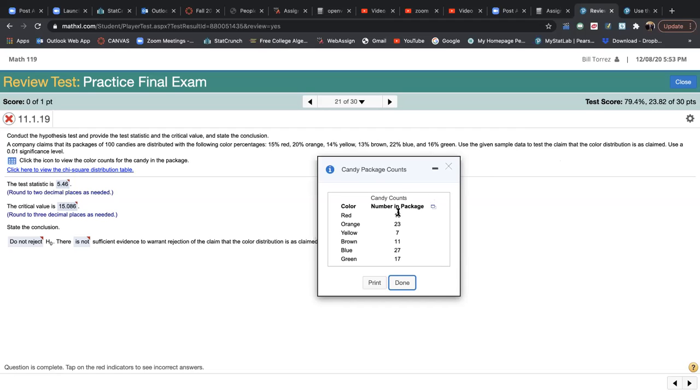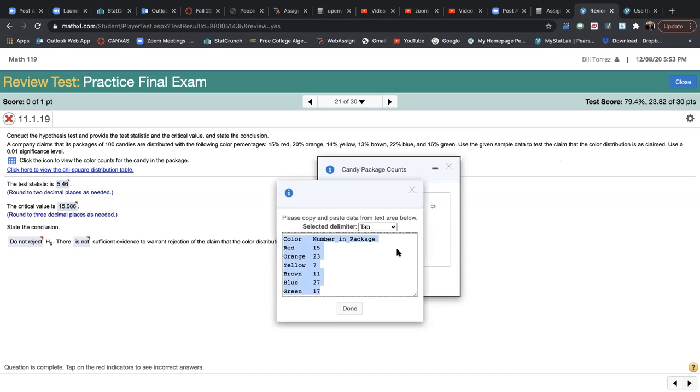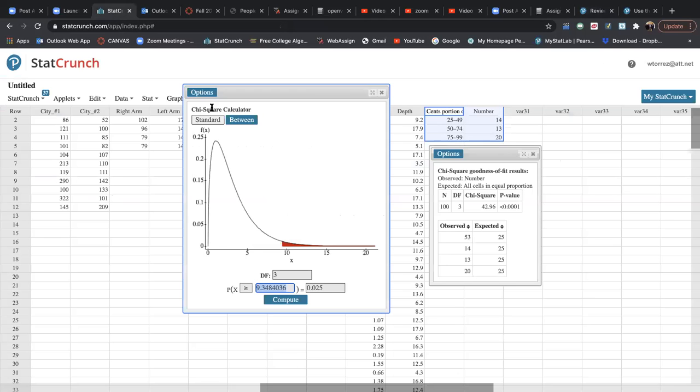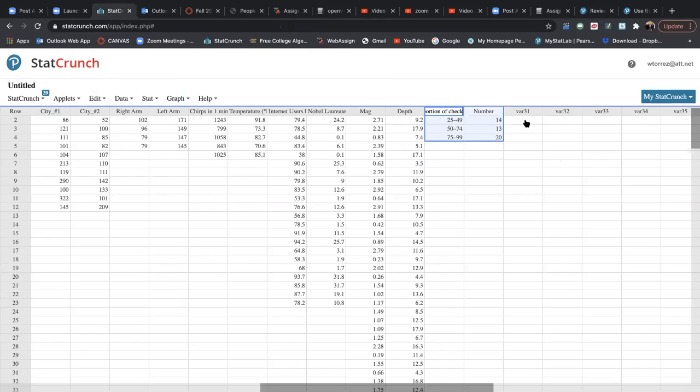These are the actual counts for the 6 different colors. So let's go ahead and copy and paste these. Go into StatCrunch. Let's put the data right up here.